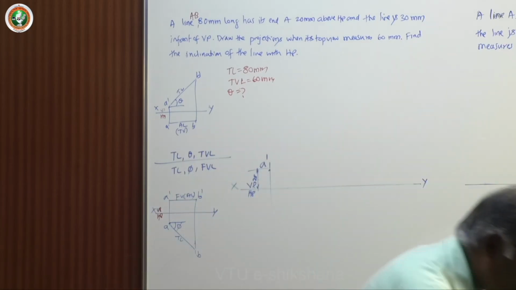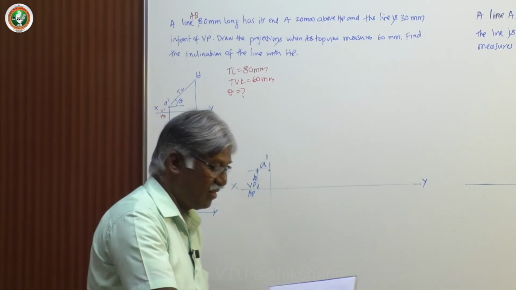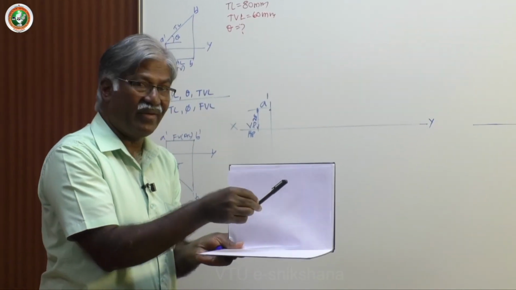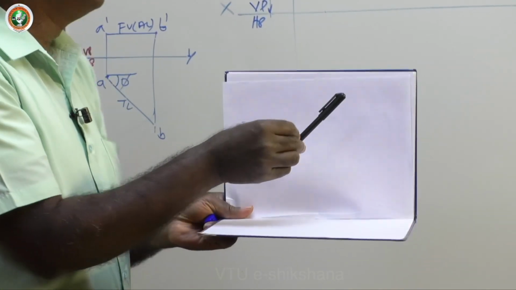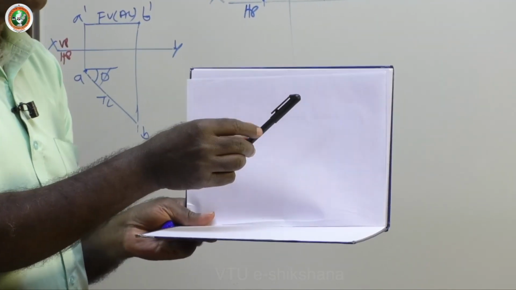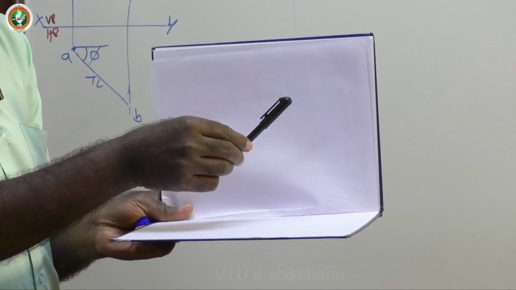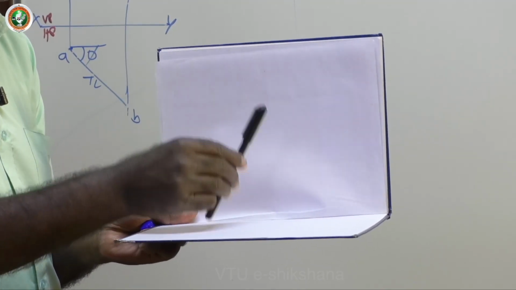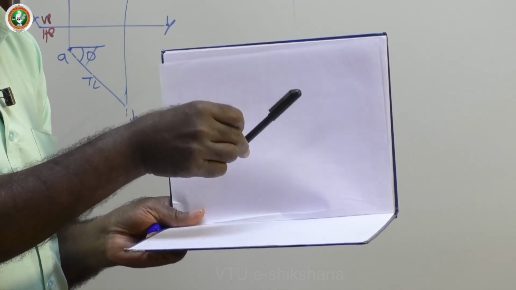Let me take a simple model and explain to you. This is the line, it is inclined only to HP by theta. We don't know the value of theta. We know the true length and the apparent length, the top view length. The entire line is 30 mm in front of VP. One end of the line is 20 mm above HP. So this is the situation.